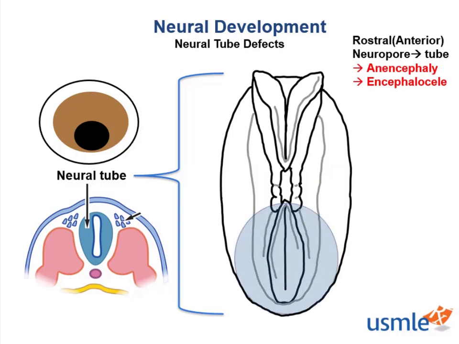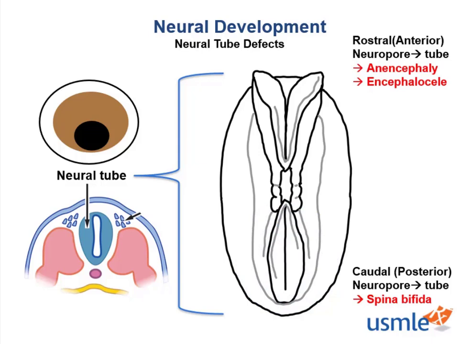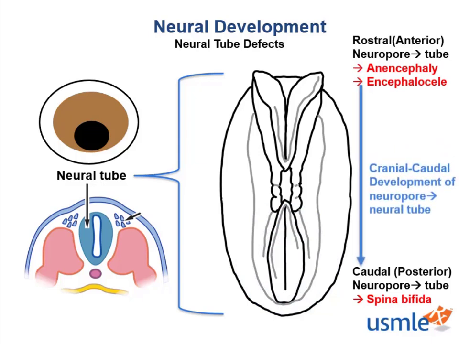Moving along, this area is called the caudal or posterior neuropore. If this neuropore fails to envelop into a neural tube, this can lead to forms of spina bifida. Moreover, it turns out that the closing of the neuropore actually proceeds in the cranial to caudal direction, such that the anterior rostral neuropore closes first and the caudal or posterior neuropore closes last.